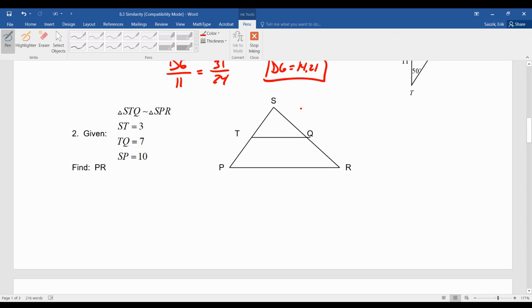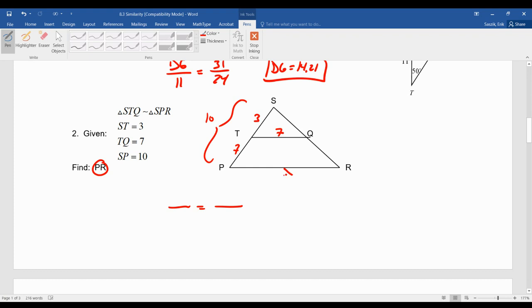This little triangle on top is similar to the whole triangle. ST is 3, TQ is 7, SP is 10. So that means this must be 7. Now, to find PR, I'm going to set up a proportion.